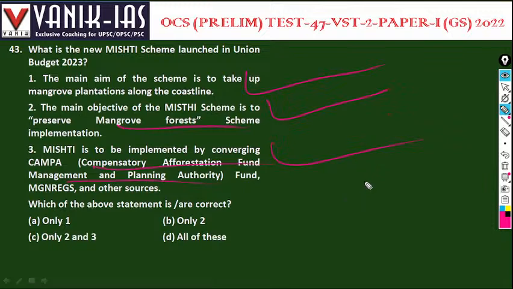What it means is, if any private agency destroys mangrove forests, then they must pay double the amount to create that much mangrove forest. So these are the answers.